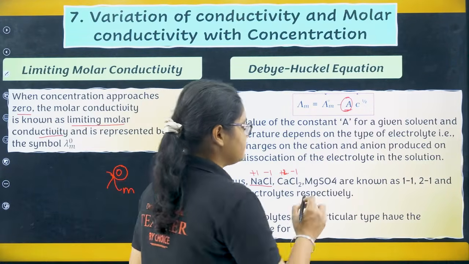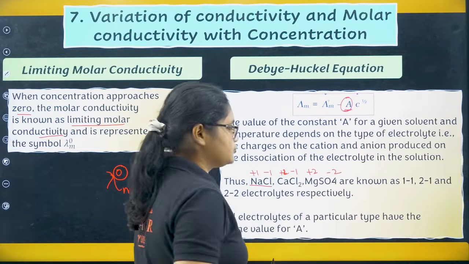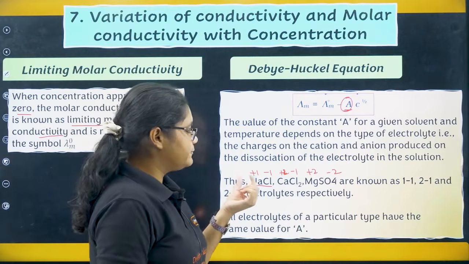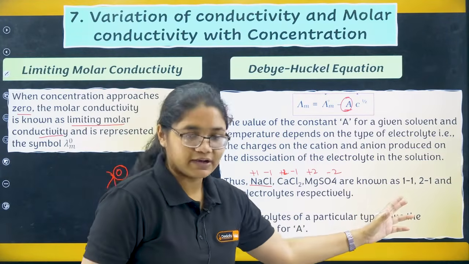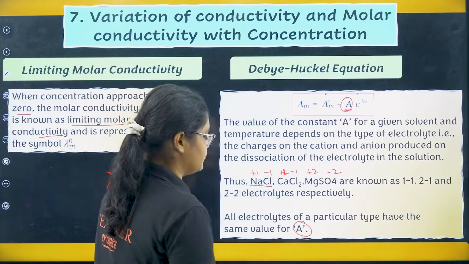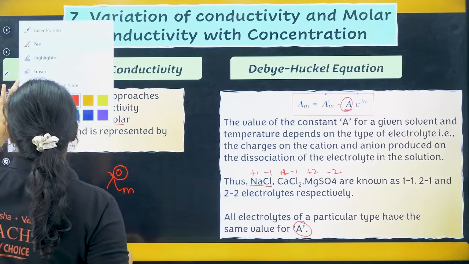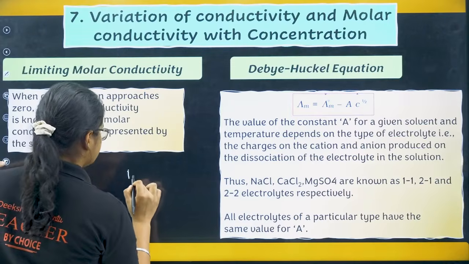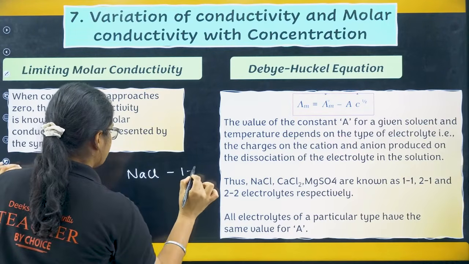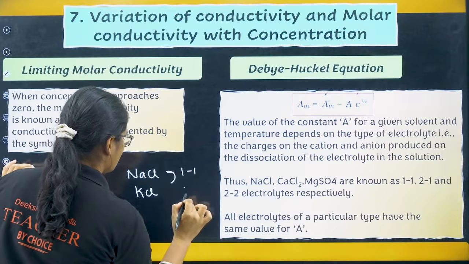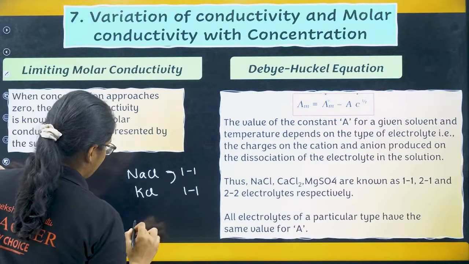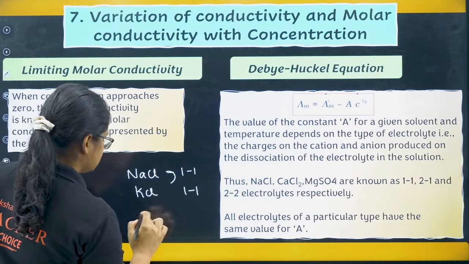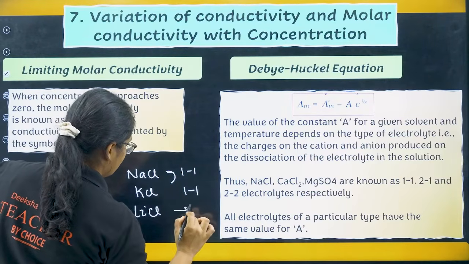Next I have MgSO4, Mg is +2, SO4 is -2, so it is a 2,2 type electrolyte. All electrolytes of the same type will have the same A value. For example, NaCl is 1,1 type, KCl is 1,1 type, LiCl is 1,1 type.